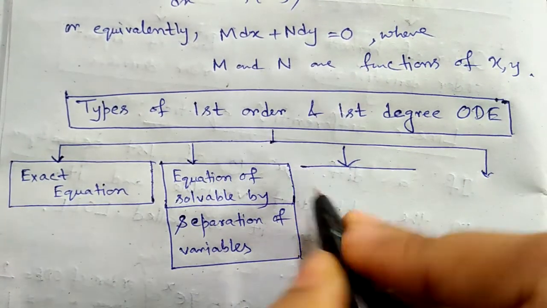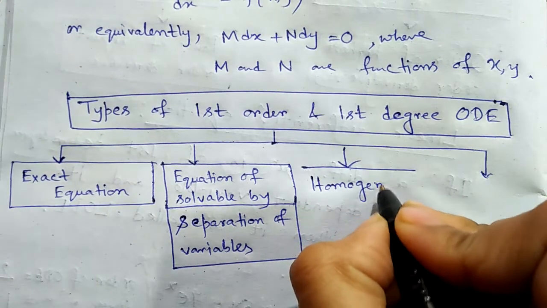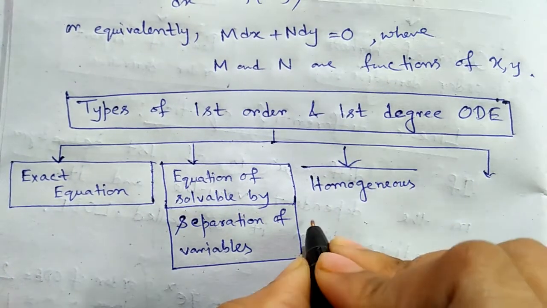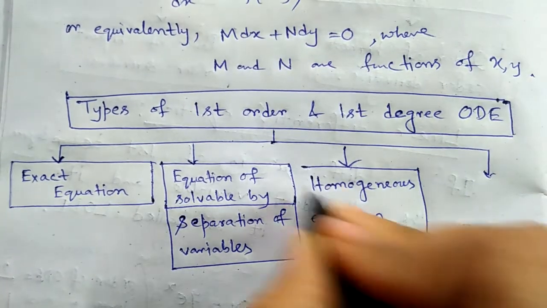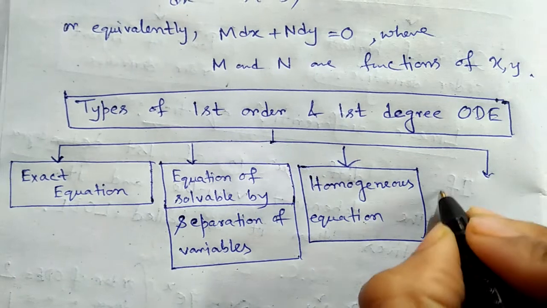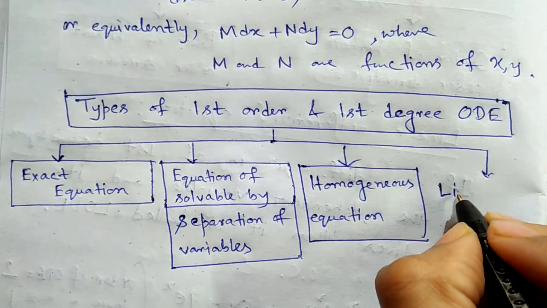The third type is homogeneous equation. And the fourth type is linear equation of first order and first degree.